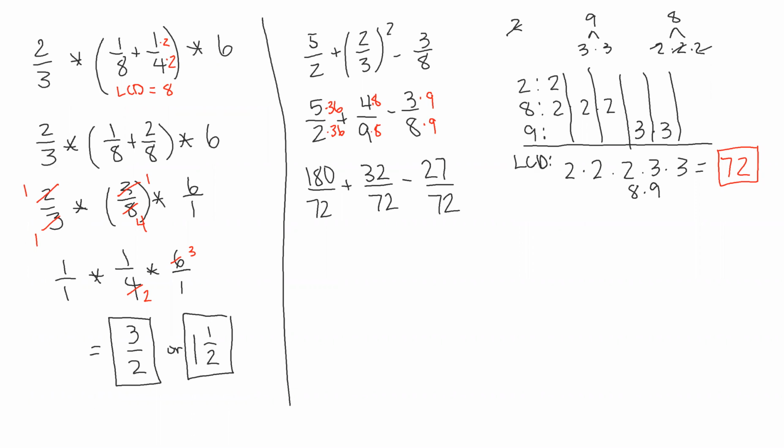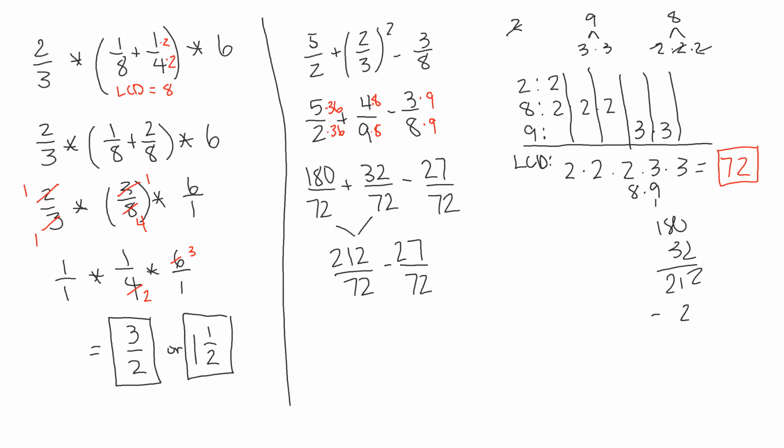I'm going to start by adding, and then I'm going to subtract. So right here, I have 180 plus 32. When I add those, and if you need to do side work, you can, I get 212 over 72. Now I want to subtract 27 over 72.